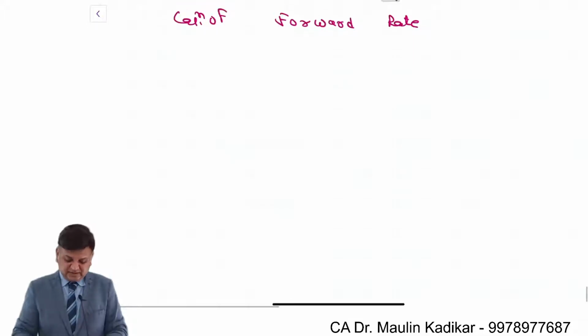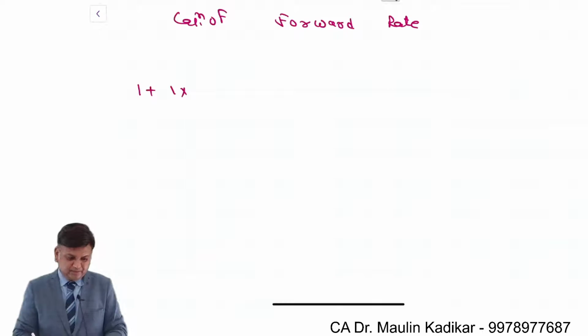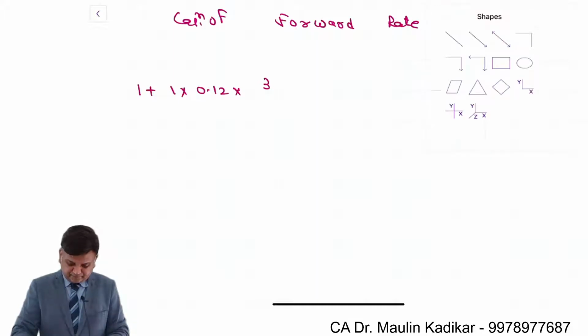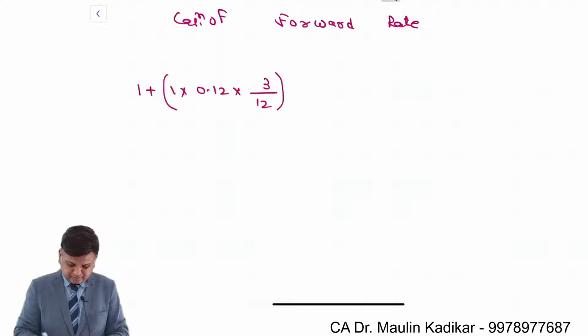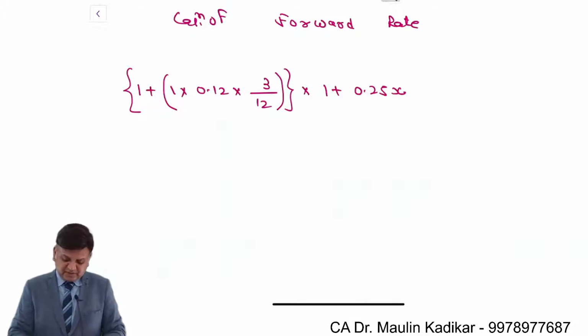It will be found like this. 1 plus 1 into the rate of interest for the first 3 months, which is 12%, whole into 1 plus 0.25 into x. Why 0.25? Because it is 3 months.